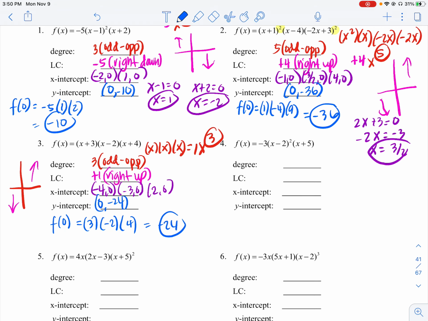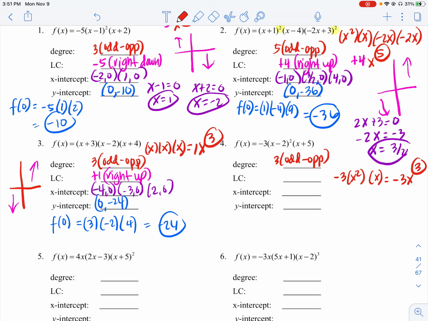Okay, yay, last example. You have red color, you have negative 3, we don't have a space. We have negative 3, and then we have x squared, we have x. So this is negative 3x to the power of 3. 3 is odd and opposite.